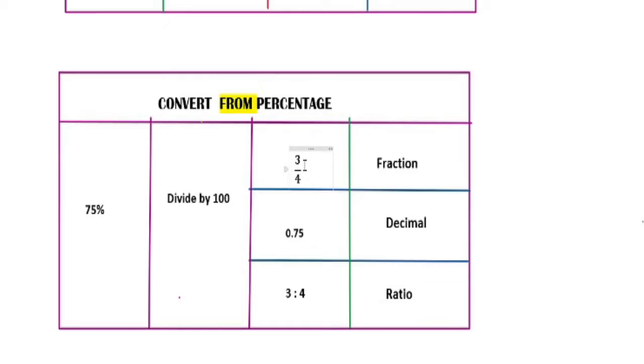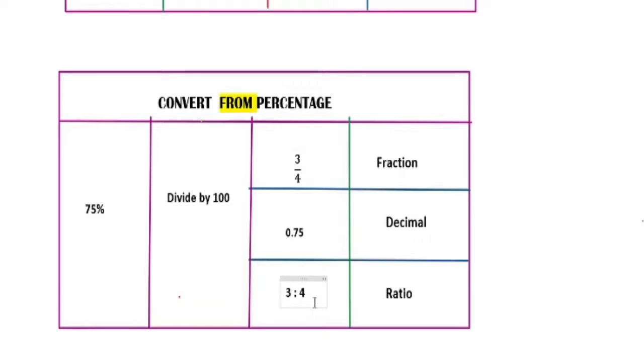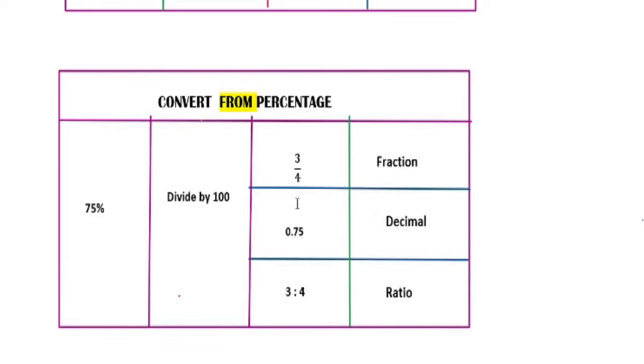So in fraction we got 3 by 4, and this 3 by 4 we can write as 3:4. So from these two tables, we can understand how to convert a number to percentage and also how to convert from percentage. Now we will look at some examples.